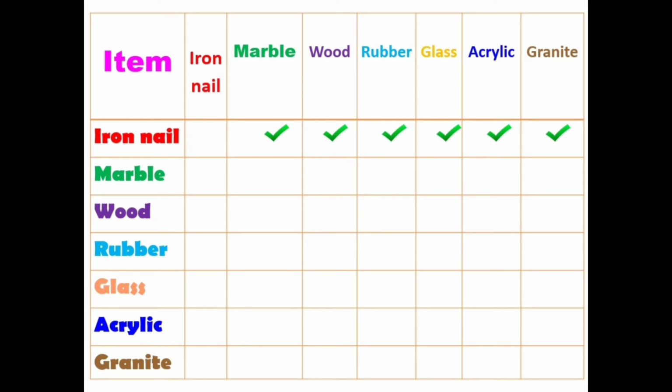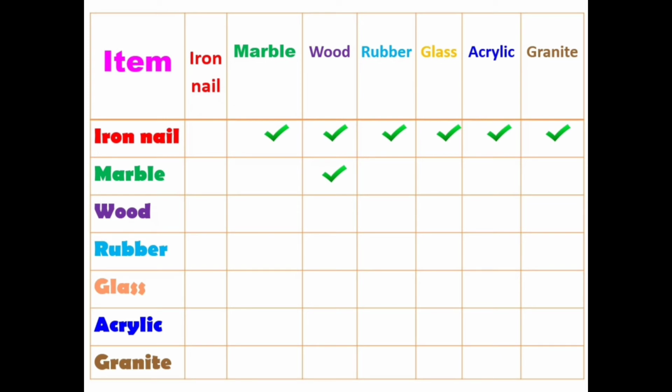Next item, marble. Can we scratch the iron nail using the marble? No. Marble to marble? No. What about marble to wood? Yes. So let's use the marble to scratch the rubber.